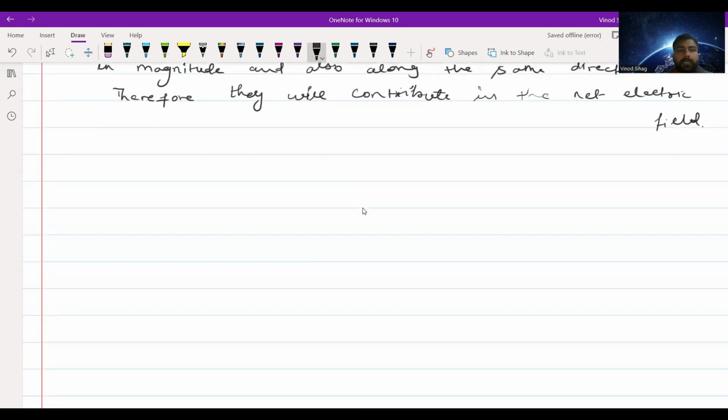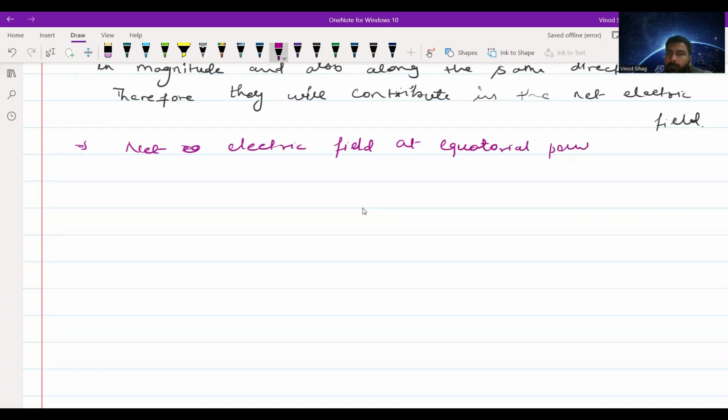ओके, नाउ आवर टाइम इज टू calculate the net electric field. Okay, net electric field at equatorial point, equatorial point P कितना होगा?